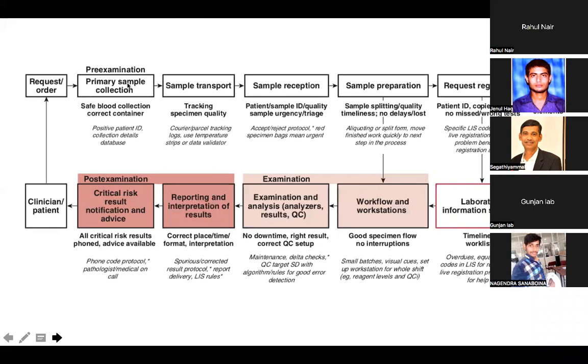As Dr. Farah was saying, in a good laboratory, things are well maintained. The laboratory has well-defined procedures at each step. They also have procedures to check any deficiency at each step.